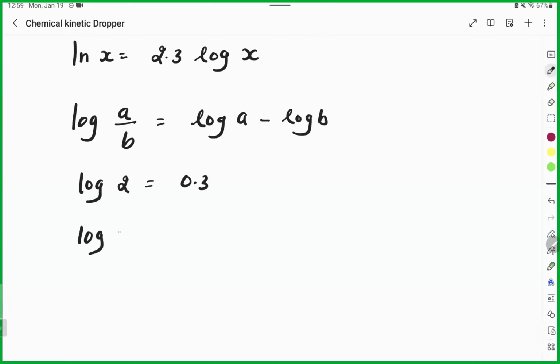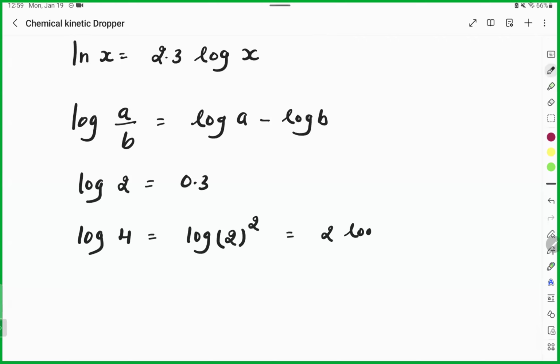Tara, what will be the log 4 value? Not sure, sir.